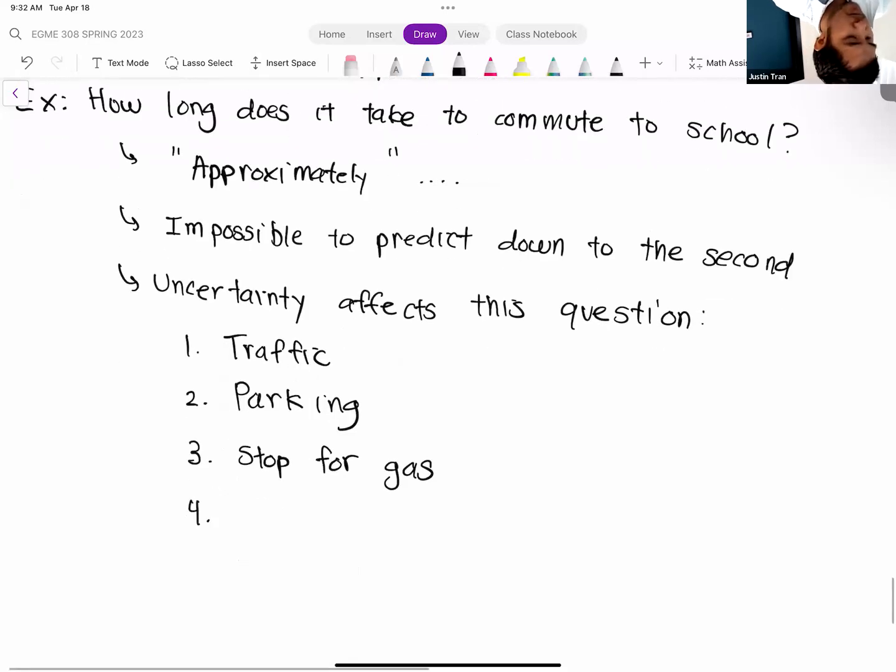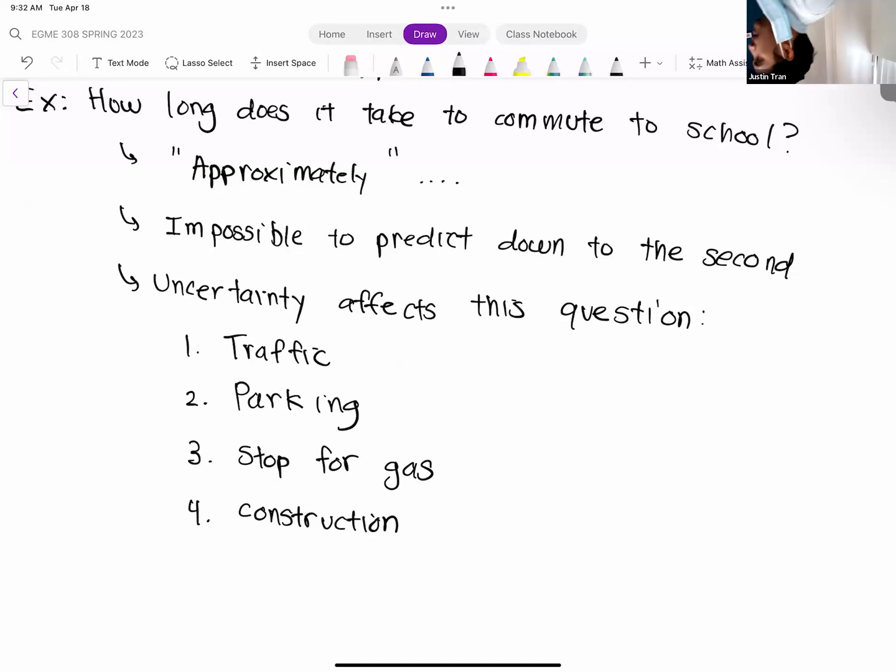Maybe there's construction. Maybe there's things like weather, pedestrians, a cat right across the road, a dog right across the road, rain, there's lots of different things.